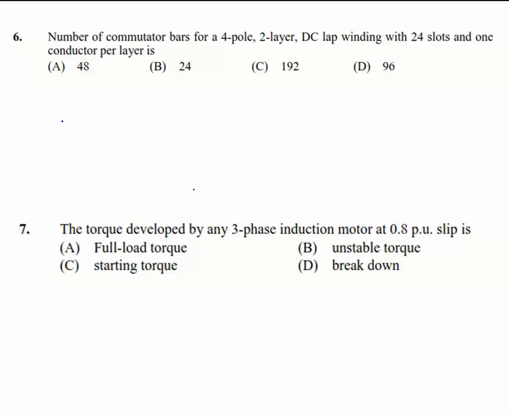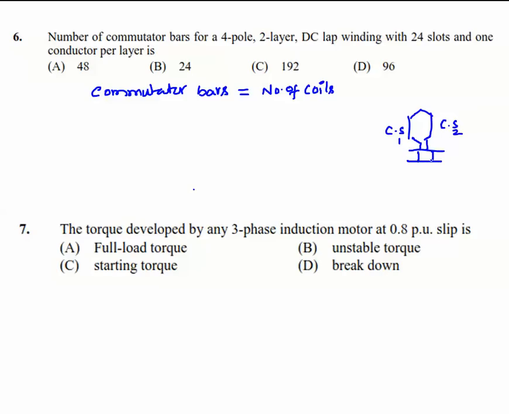And the solution for this problem is, normally, the number of commutator bars or segments is equal to the number of coils. That means one coil will have two sides like this, coil side 1 and coil side 2. Here we have commutator bars like this.